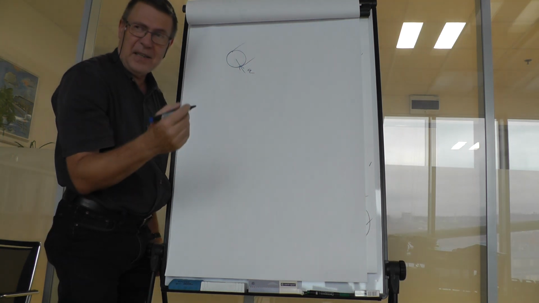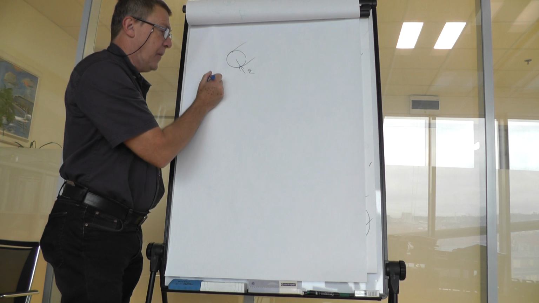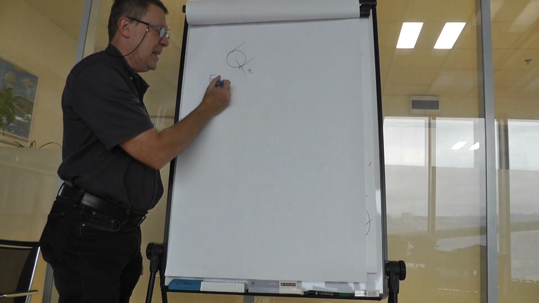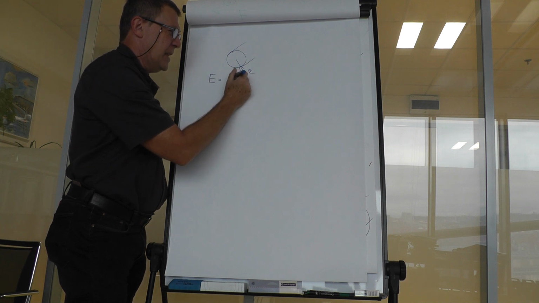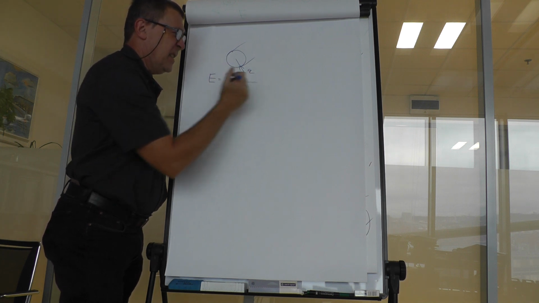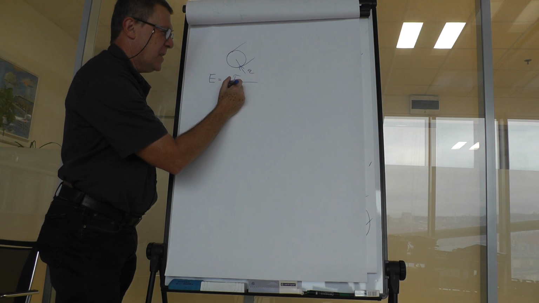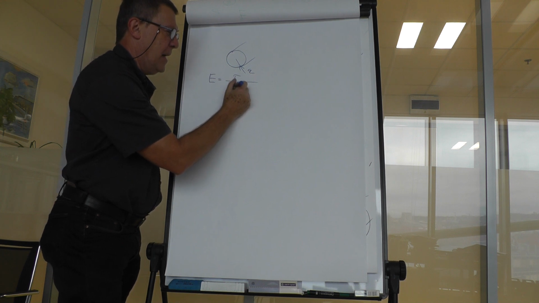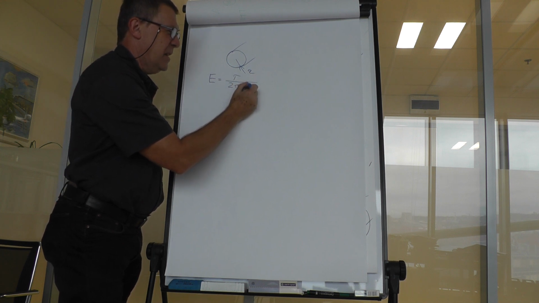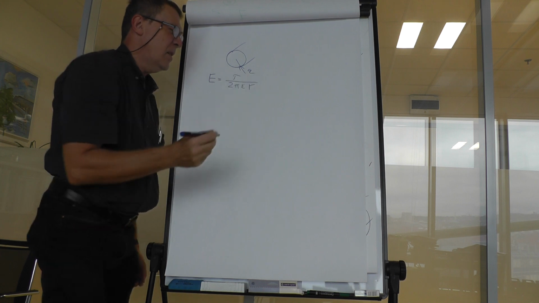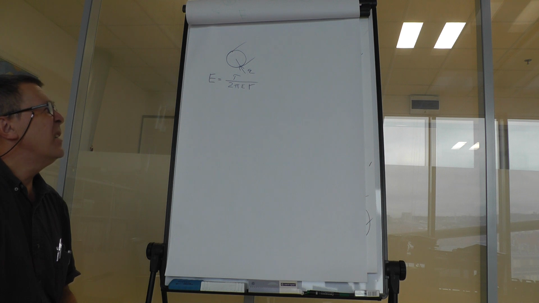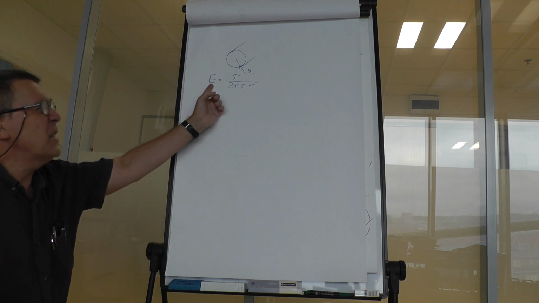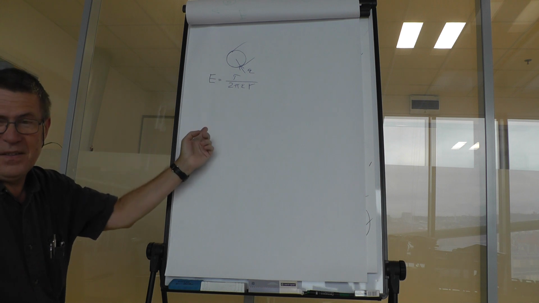We have analyzed that in our first lecture. The electric field strength E is proportional to the charge density per meter tau and inversely proportional to 2 pi epsilon r. So, in fact, the field strength decreases with the distance.